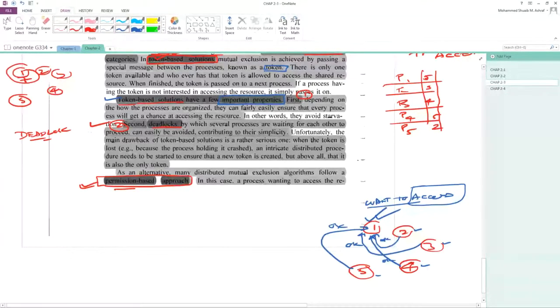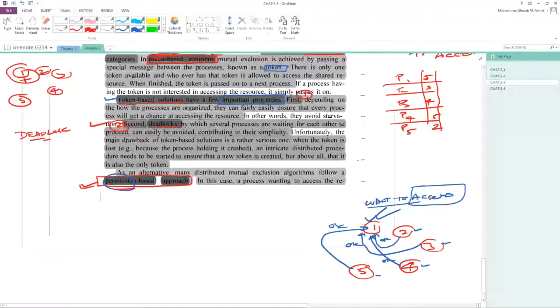So process number 2 will send an okay message, okay meaning permission. Process 3 will send, 4 will send, 5 will send. When process number 1 receives the okay message, meaning the permission message, from all processes, then he will access the resource.